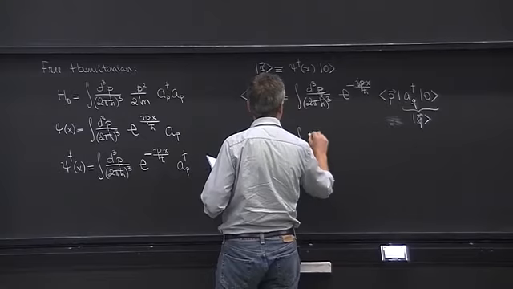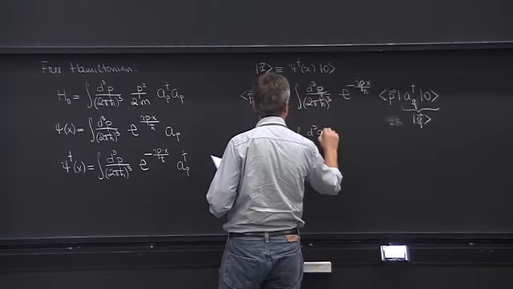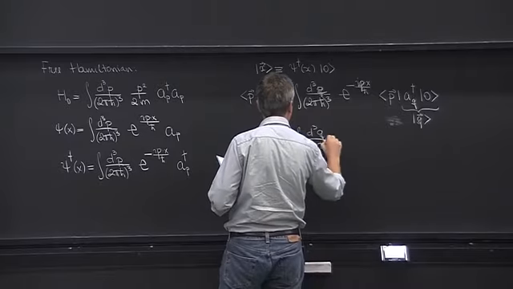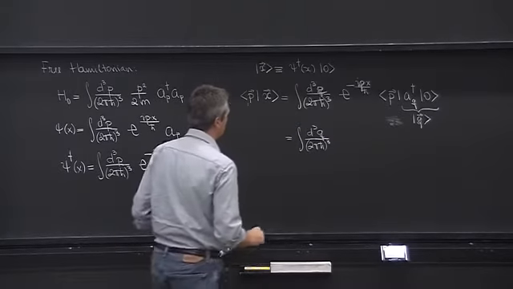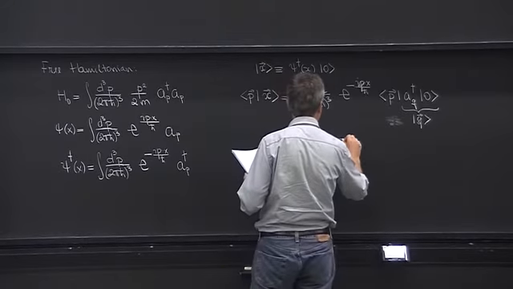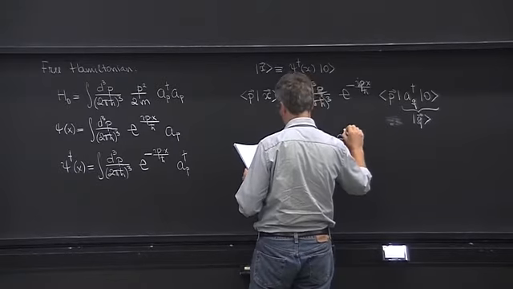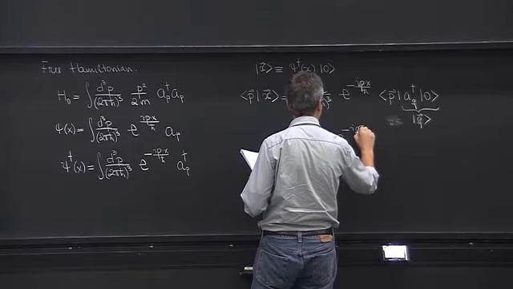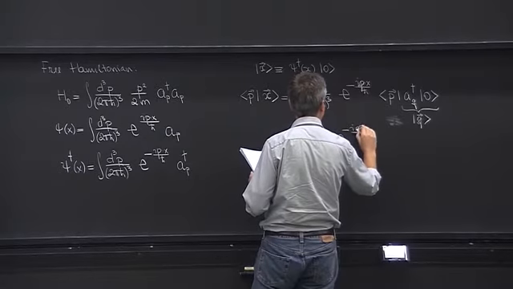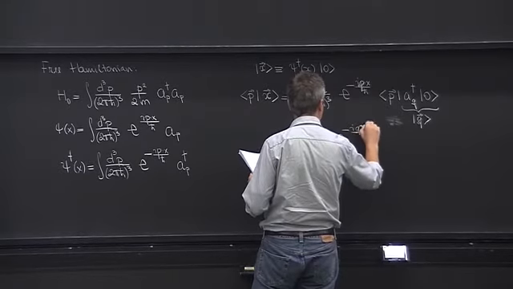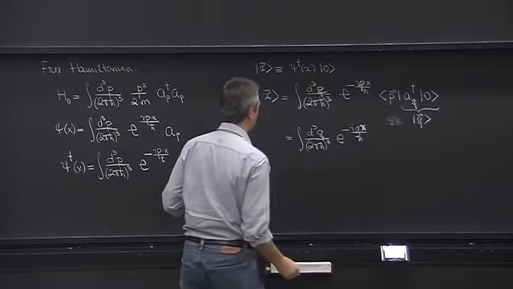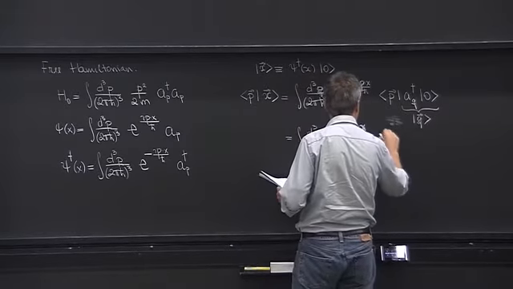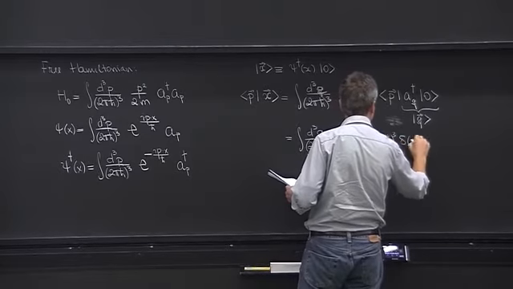the integral of d^3q over (2 pi h bar)^3, and then e to the minus i q x divided by h bar, and then (2 pi h bar)^3 times the delta function of p minus q.